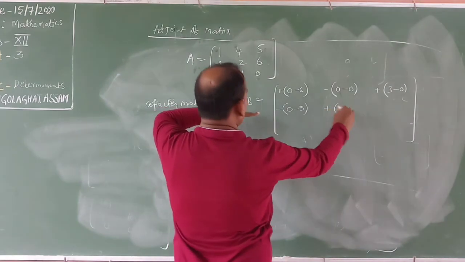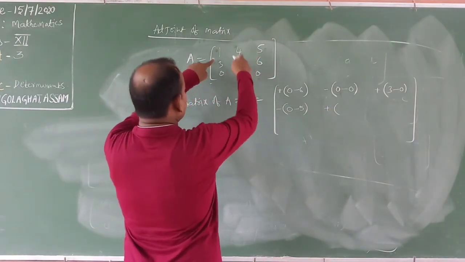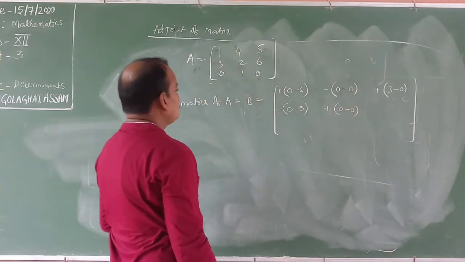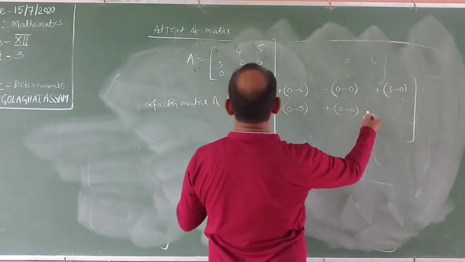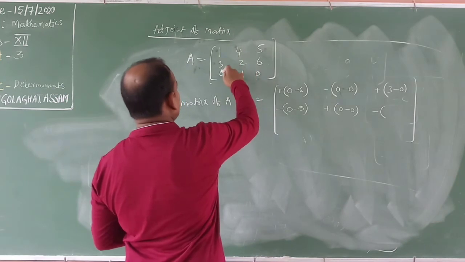Next, the cofactor of 2: 1 into 0, 0, minus 0. The cofactor of 6: 1 into 1, 1, minus 0.